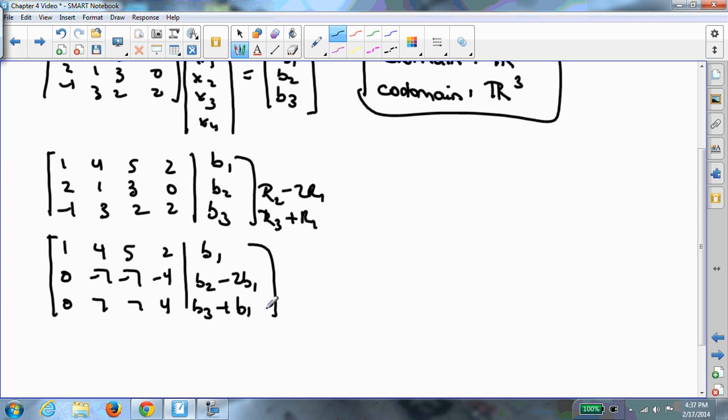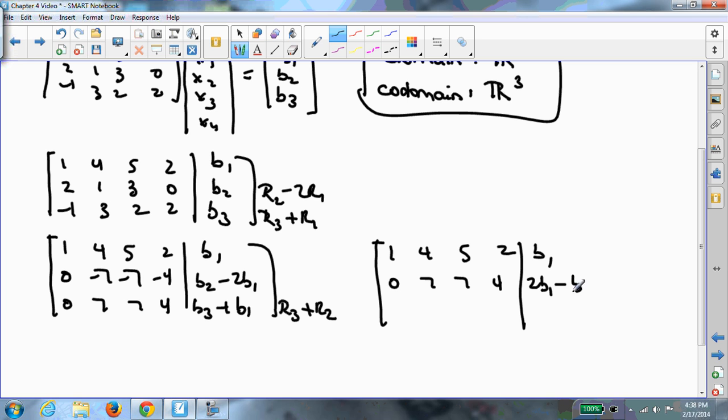I'm going to do one more row operation here. So we're going to do row 3 plus row 2, because we notice if I do row 3 plus row 2, that last row cancels out. So I'm going to have 0, 7, 7, 4, just because I don't like negatives. And then this will be 0, 0, 0, 0. And I get b3 plus b1 plus b2 minus 2b1.